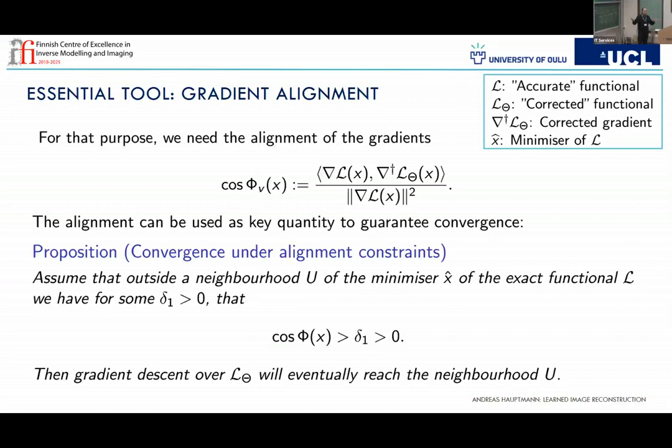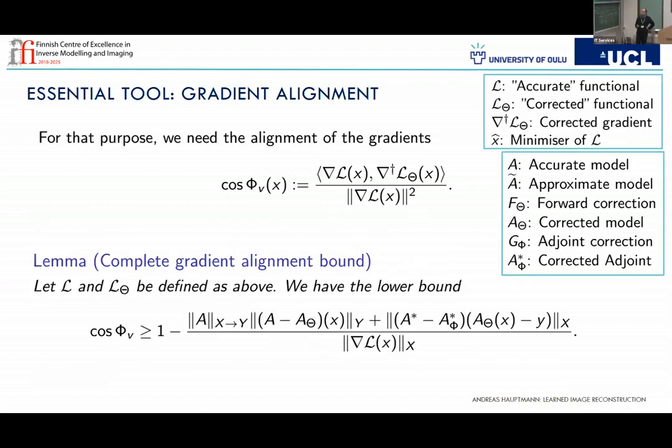So we did a bit of analysis, and that was actually Sebastian Lunz, who was a PhD student here at Cambridge. We reformed this into something that we can actually use for the training. And we ended up with this. We can now bound the angle between the gradients by something that has the approximation error in there.